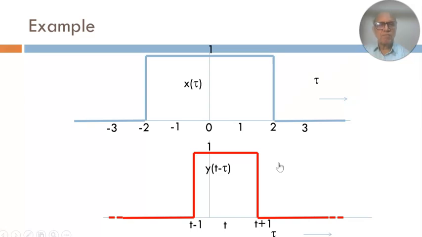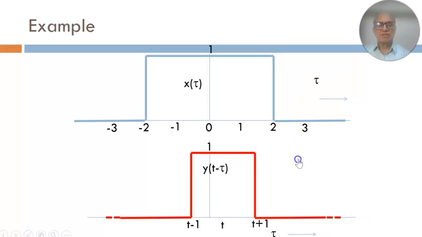But when they are more complicated, you will require some kind of rule, a mechanical procedure to find these ranges. That we shall do in a later session. But right now, note that when t lies between -3 and -1, you will get one expression. When it lies between -1 and +1, you will get another expression. And when it lies between 1 and 3, you will get another expression.